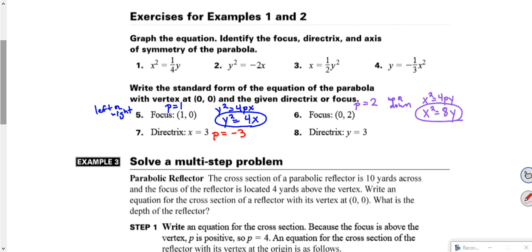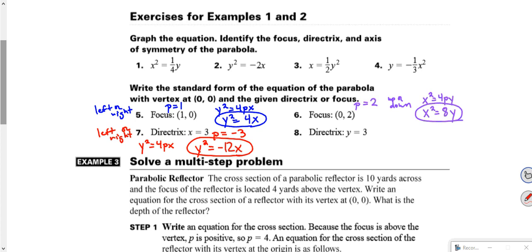This is a left or right parabola. So that means that y squared equals 4px, or in this case, y squared equals negative 12x. I hope that makes sense to you.